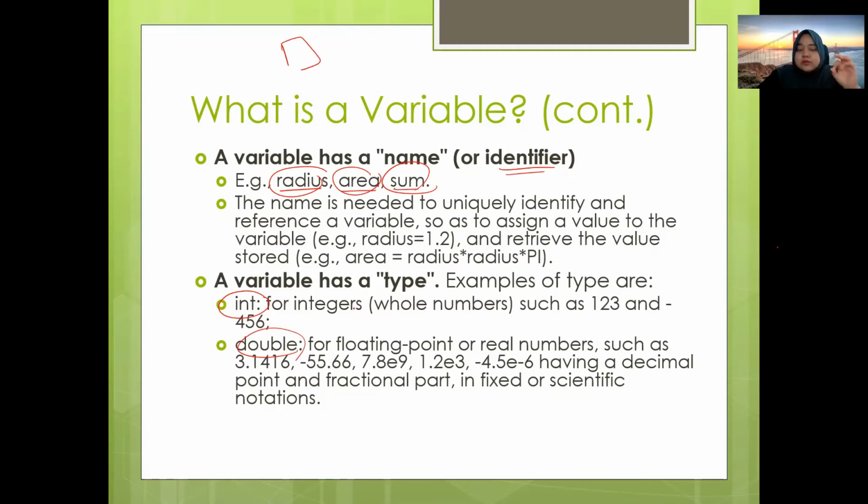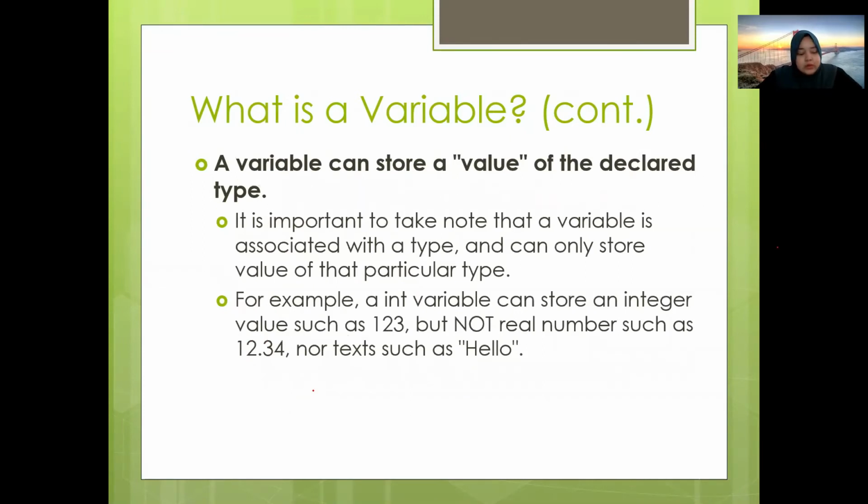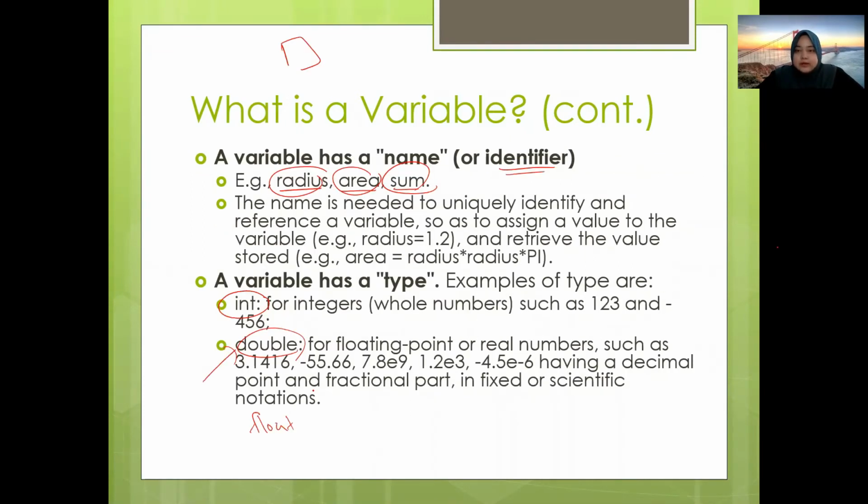Kalau you rasa you nak simpan area ni ada titik perpuluhan, floating point, so you boleh gunakan double or you boleh gunakan float. Okay, kalau you rasa nak simpan karakter, gunakan char. Nanti saya tunjukkan apa data type yang ada dekat dalam C++.